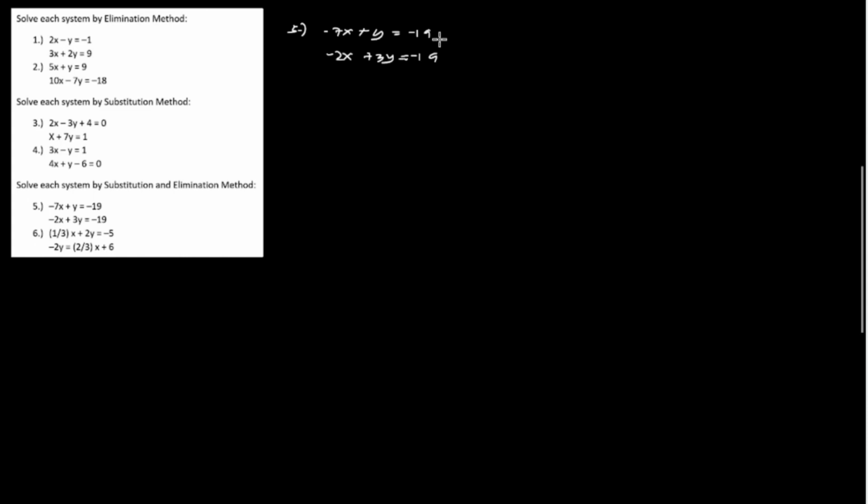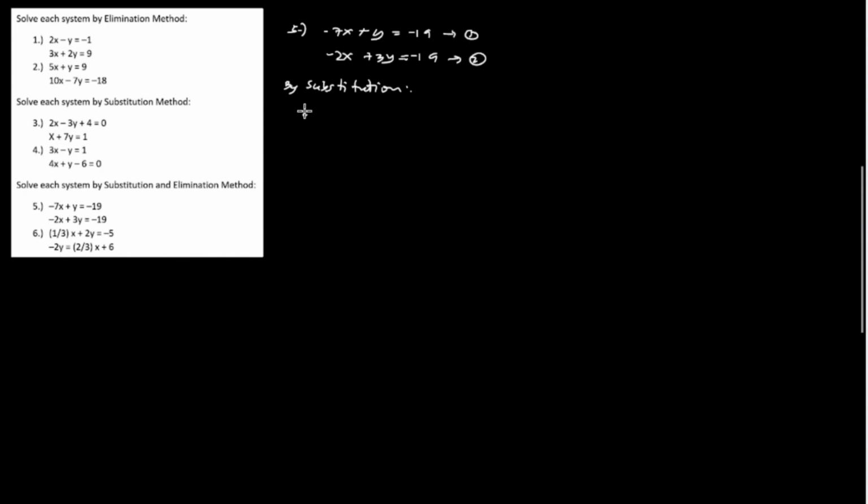Okay, so we will be using substitution, and to check if we have the correct values for x and y, we will use also the elimination method. So first, we will use the substitution method. By substitution, and this is equation 1 and equation 2.